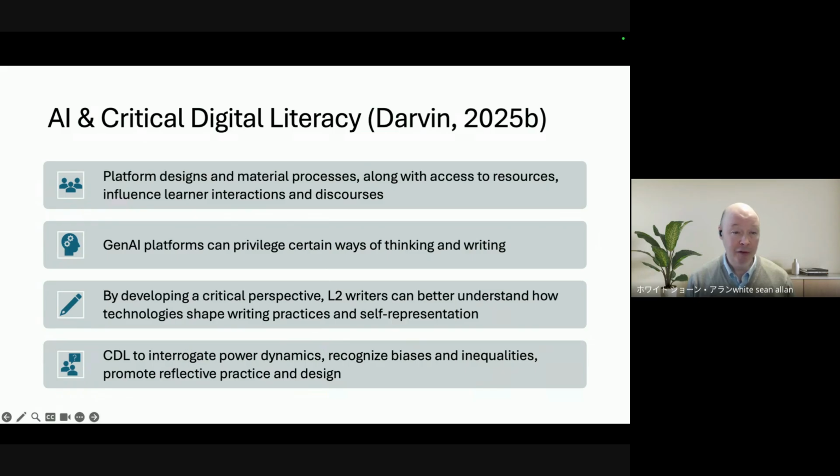In terms of access to resources, how it influences learners, and how they communicate with the tools, but also with other people, right? So Gen AI platforms can privilege certain ways of thinking and writing. By developing critical perspectives, second language writers can better understand how technologies shape writing practices and self-representation. And critical digital literacy then is necessary to really question power dynamics, to recognize biases and inequalities, and promote reflective practice and design.